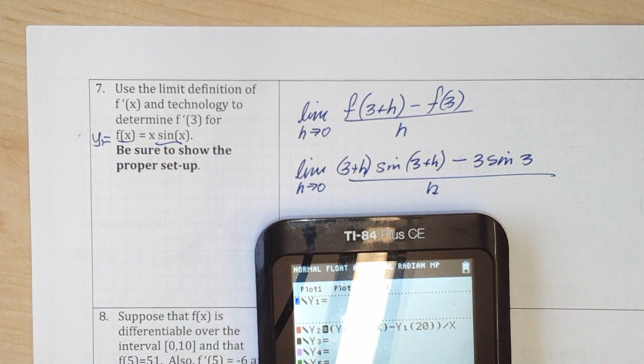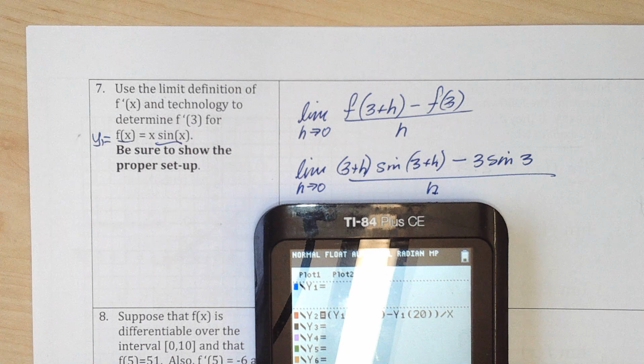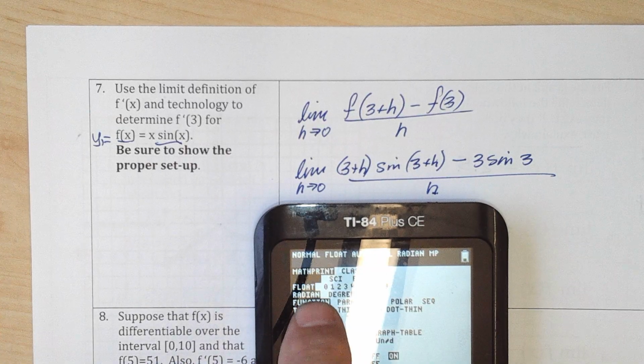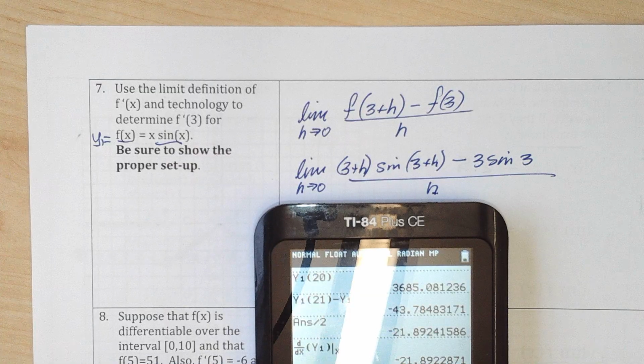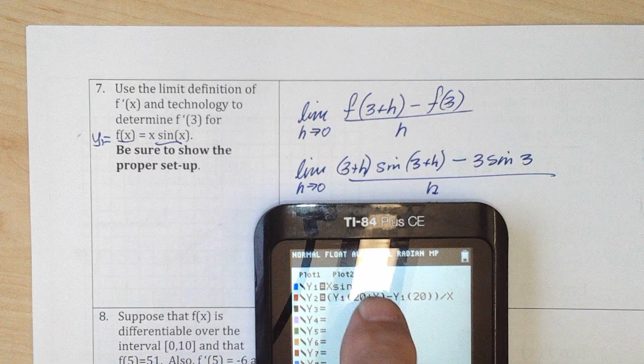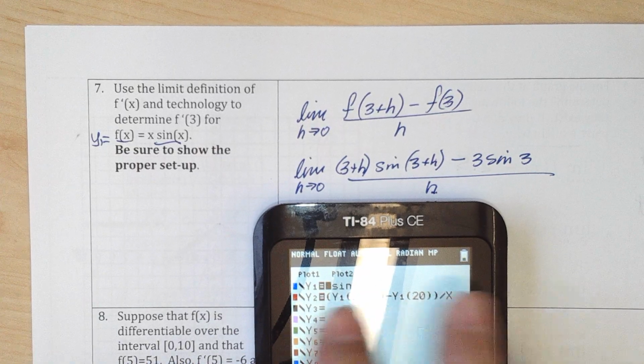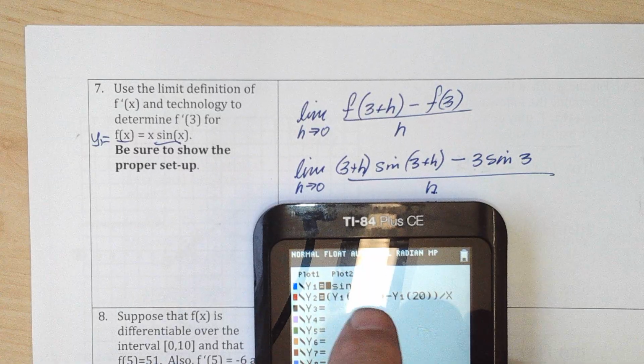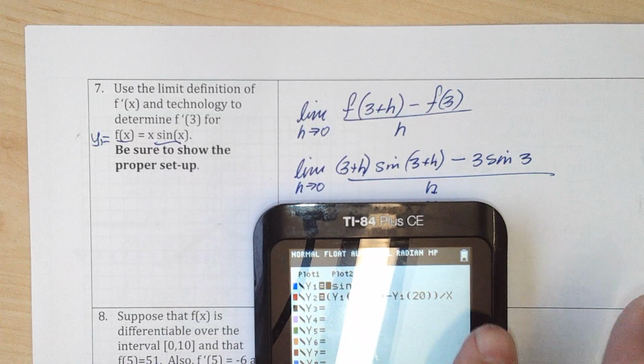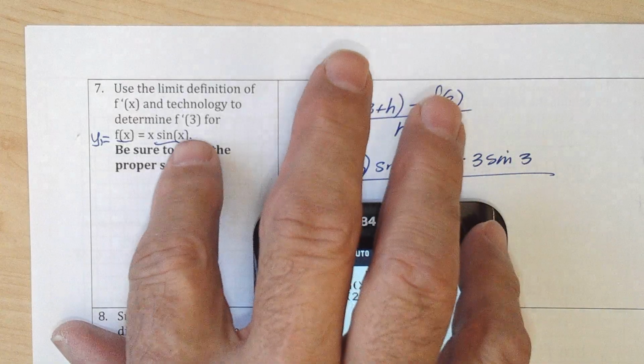So I'm going to clear that one and type in x sine x. And when I'm in calc, I need to make sure my mode is in radians, and it is. Okay, so I've got x sine x, and I want to see what this looks like when my h, which I've replaced with x's in this equation, gets close to 0, and I'm at 3.